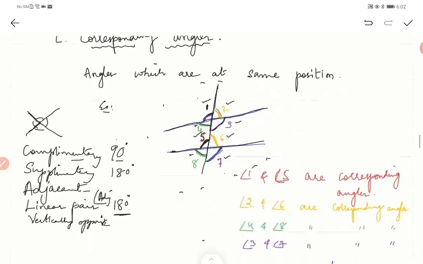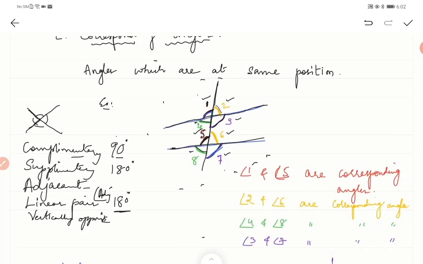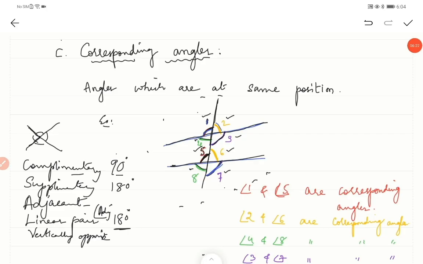Okay, and you have corresponding angles as 1 and 5, which are in the same position. So corresponding angles are the angles which are at the same position. This position is at 5, isn't it?